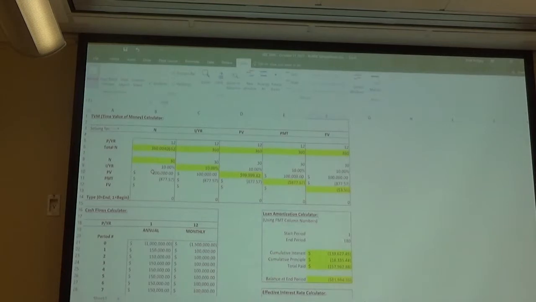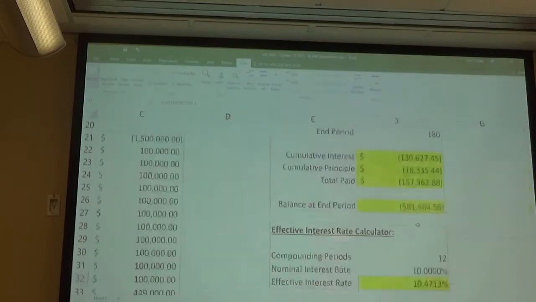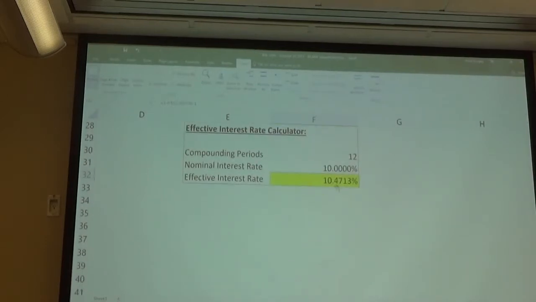Okay. So the question was, why on this do we have to have the -1?